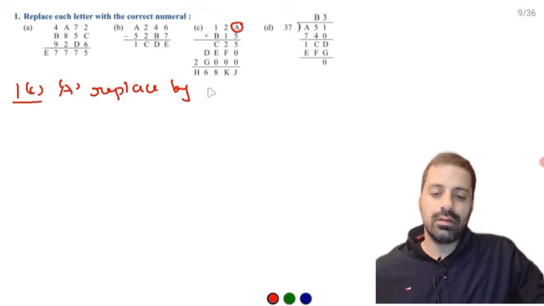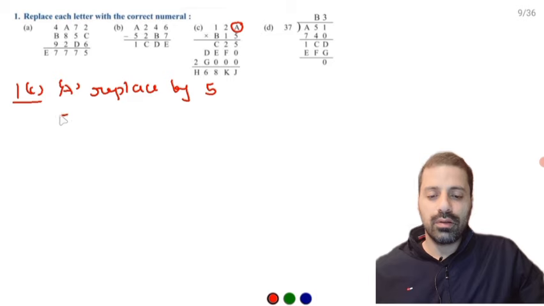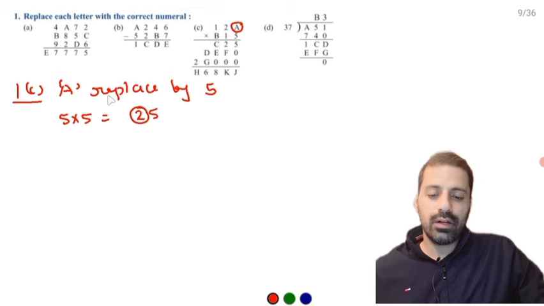A replaced by which number? So that will be 5, because 5 fives are 25 and 2 is carry forward. Okay, so 2 is here. So now 5 twos are 10 and 2 is 12 and 2 here, then 1 is carry forward.